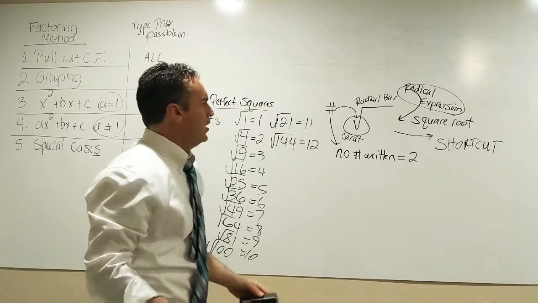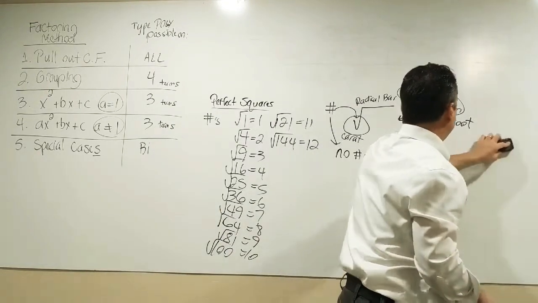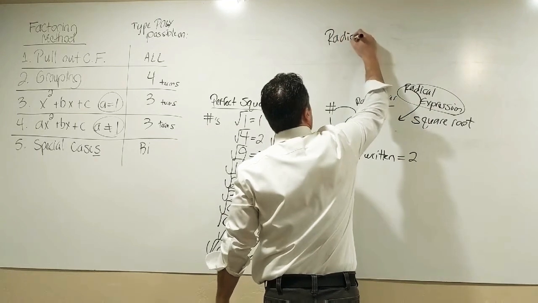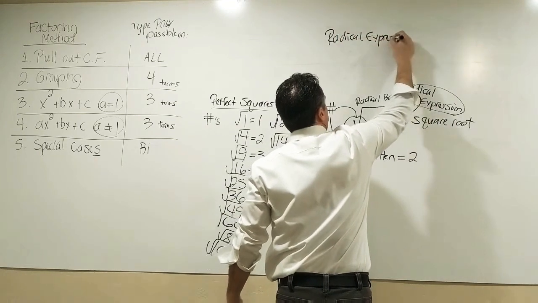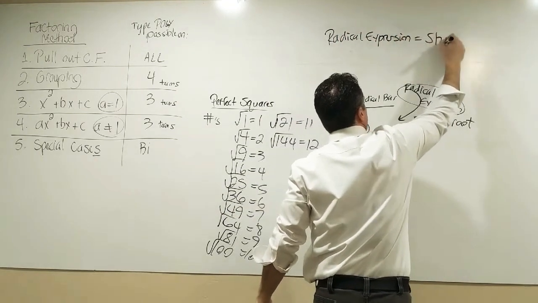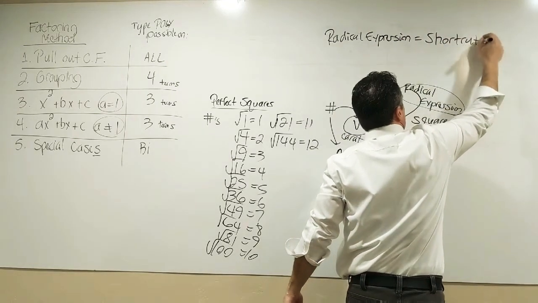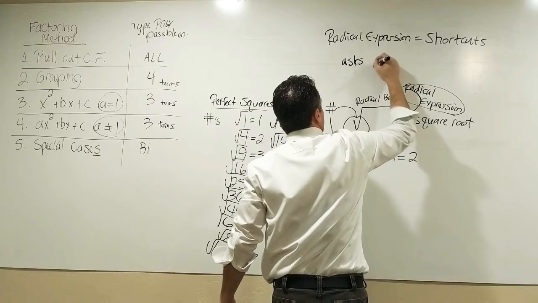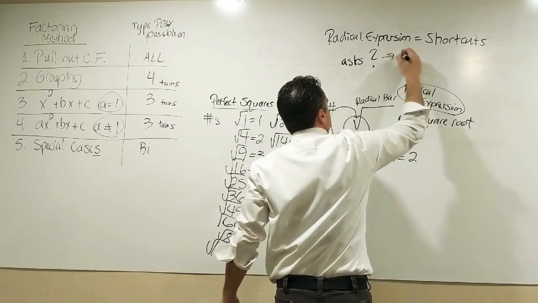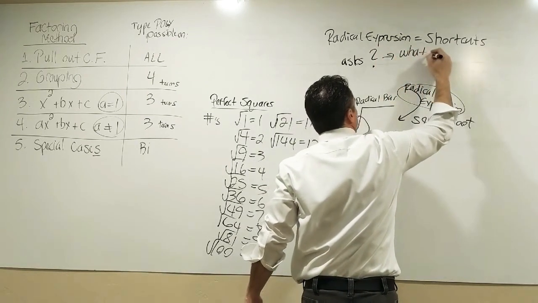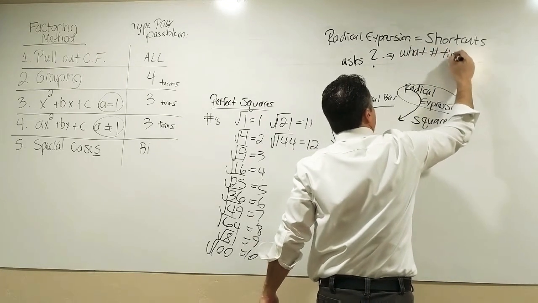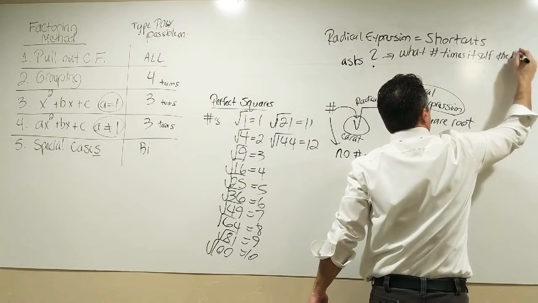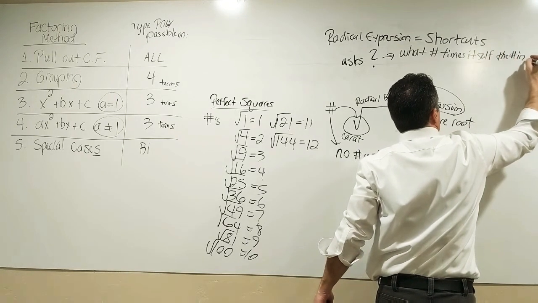But the thing I want you to understand about a radical expression, okay, so this is what we call a radical expression. I told you that these are shortcuts. And the shortcut asks a question. It's asking the question, what number times itself the number in the caret, okay?